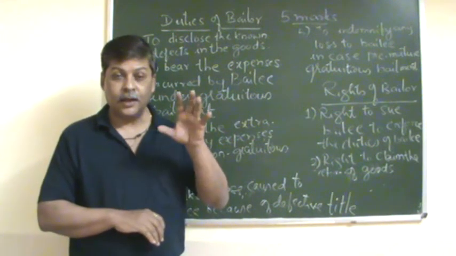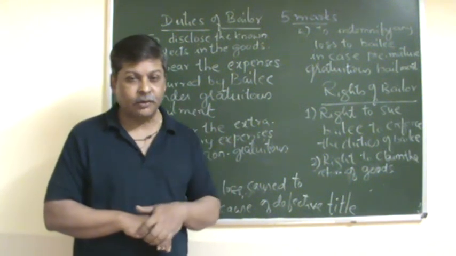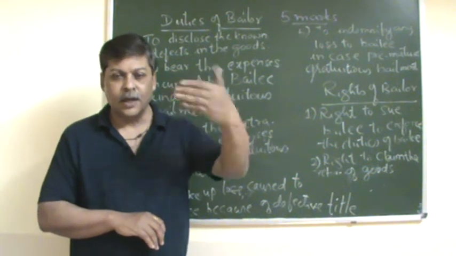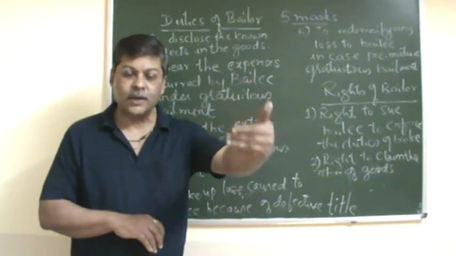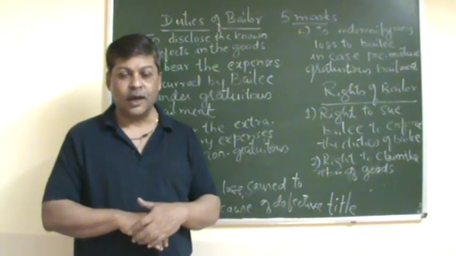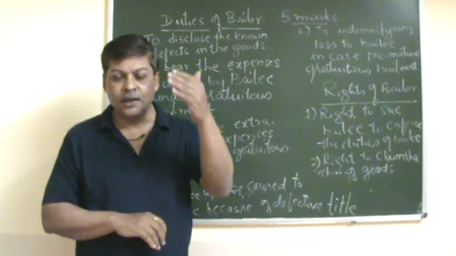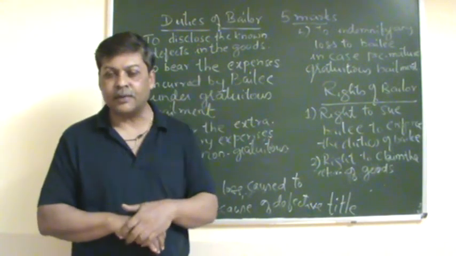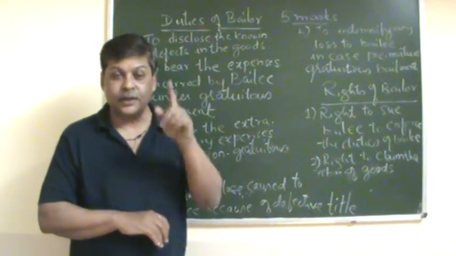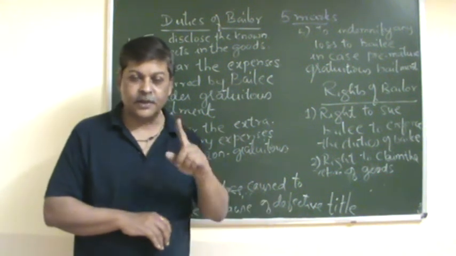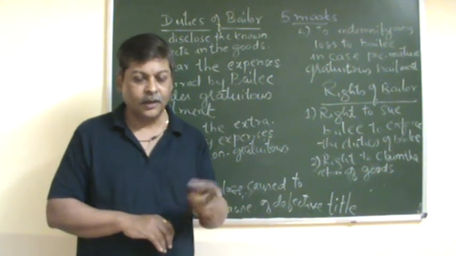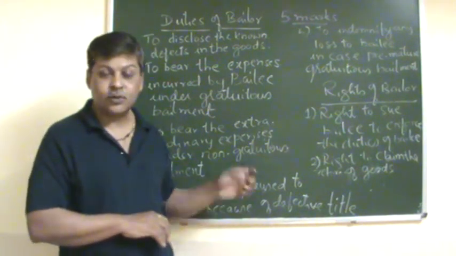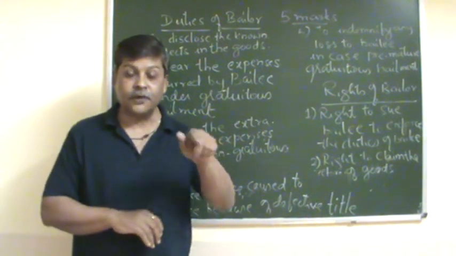So if the bailor has a defective title, and the bailee has no knowledge of this, and the bailor delivers the goods, and when the true owner comes to know of this, he files a suit against the bailee and recovers compensation. In that case, the bailor who had the defective title has to reimburse, or make up that loss caused because of the defective title.